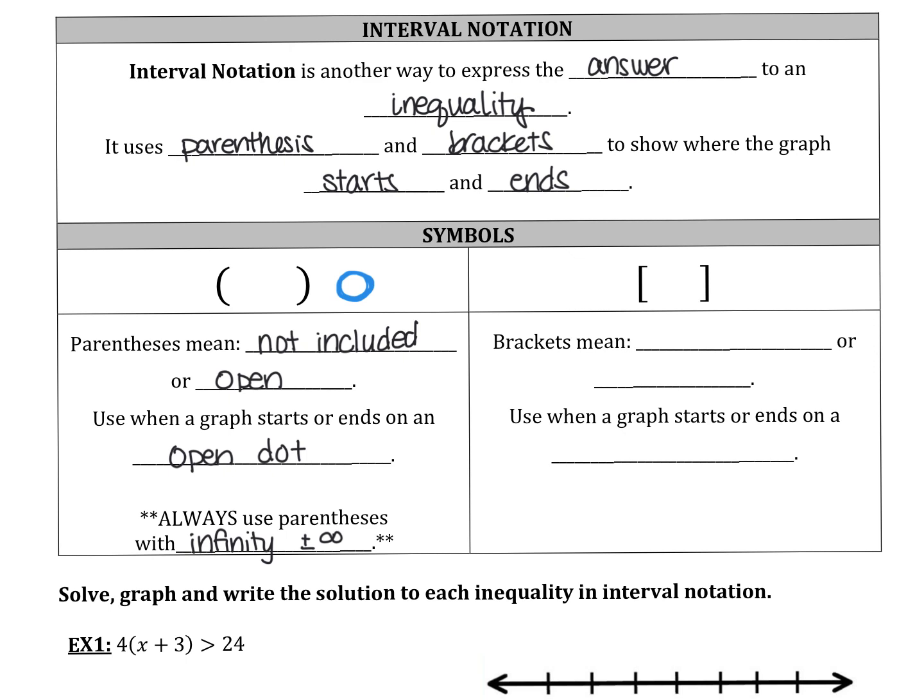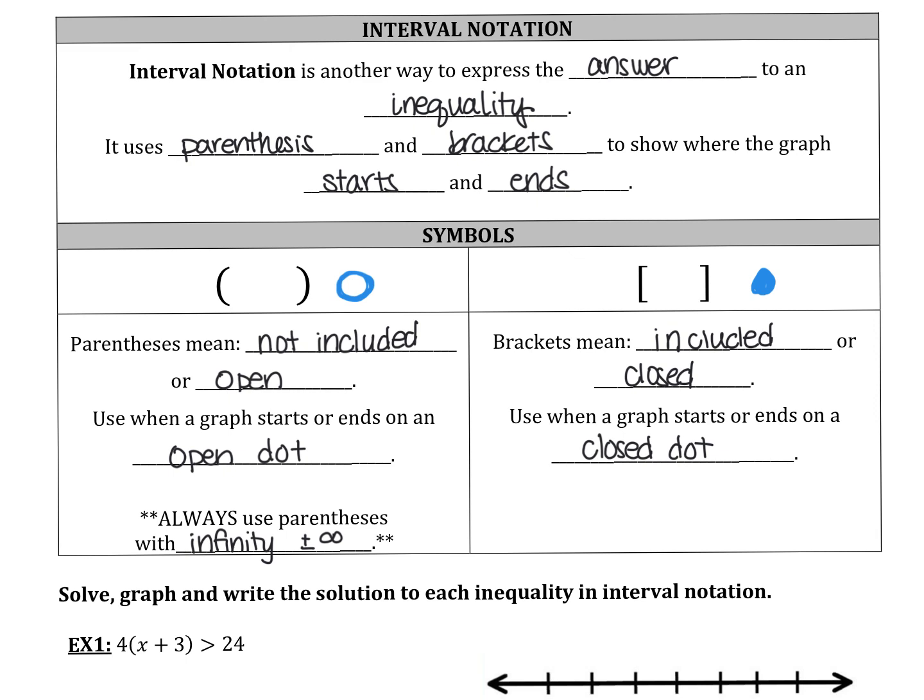Well, if parentheses mean it's not included, then brackets mean that the value is included, or closed. So we use brackets when a graph starts or ends on a closed dot. If we see a closed dot in our picture, then our interval notation has a bracket.